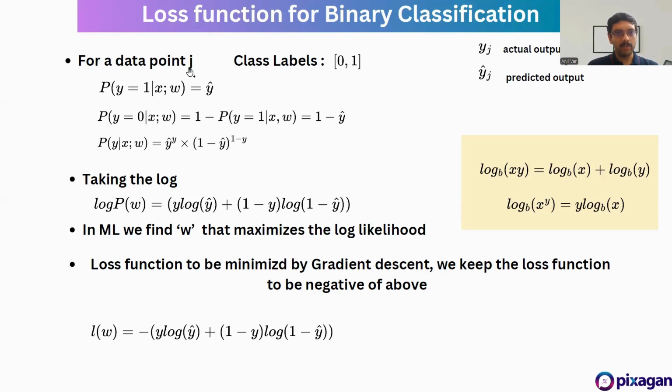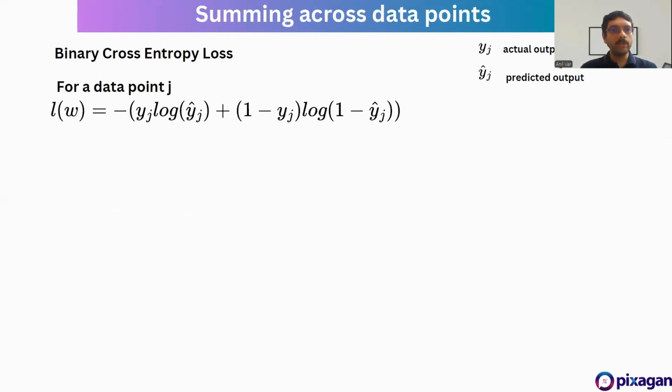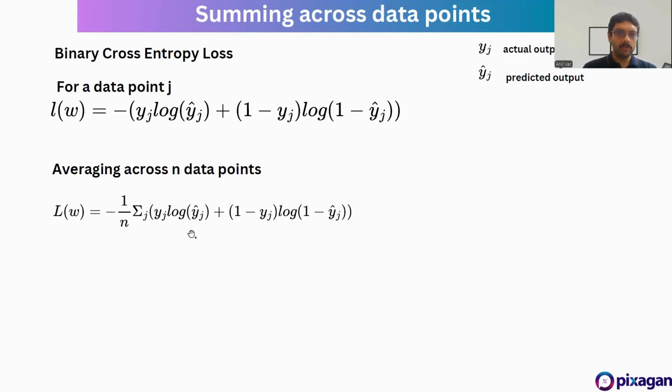I've said here it's for data point j. I've just omitted the subscript to make the notation simpler. So this is for one data point. What we do now is what we did with the mean square error as well.